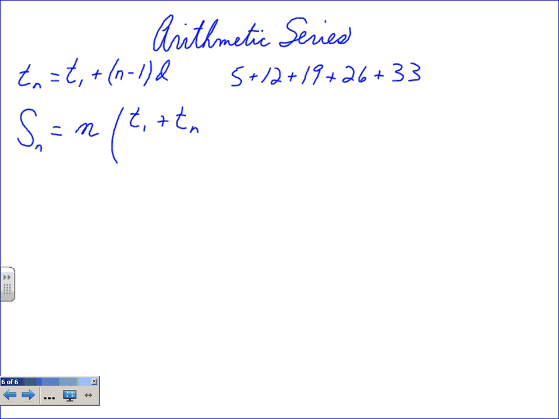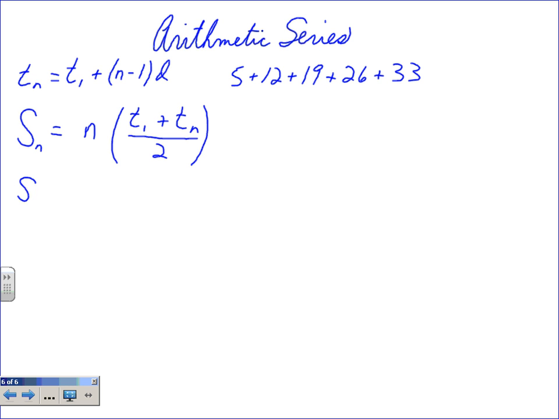Plus Tn. Same as that N. Okay? Divided by 2. Okay? That's N, I'm sorry. That's the number of terms. Okay, N. All right, so let's see how it works.